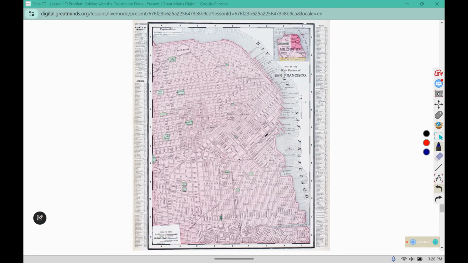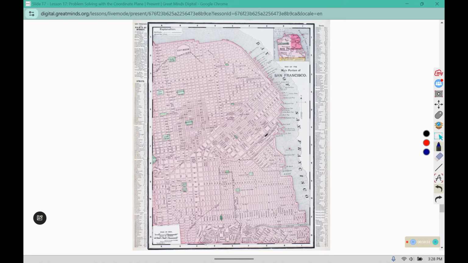You can see that the numbers along the side start counting 1, 2, 3, 4, 5, 6, 7, 8, 9, 10, and then it has letters instead of numbers as A, B, C, D, E, and so on.